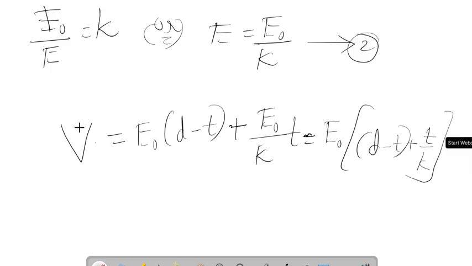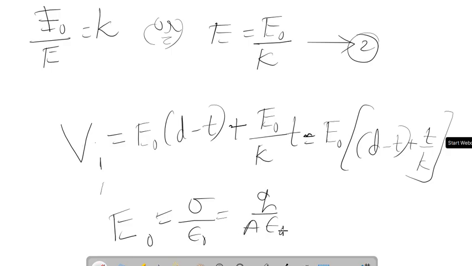We know that E naught is equal to sigma divided by epsilon naught, which is also equal to Q divided by A into epsilon naught.